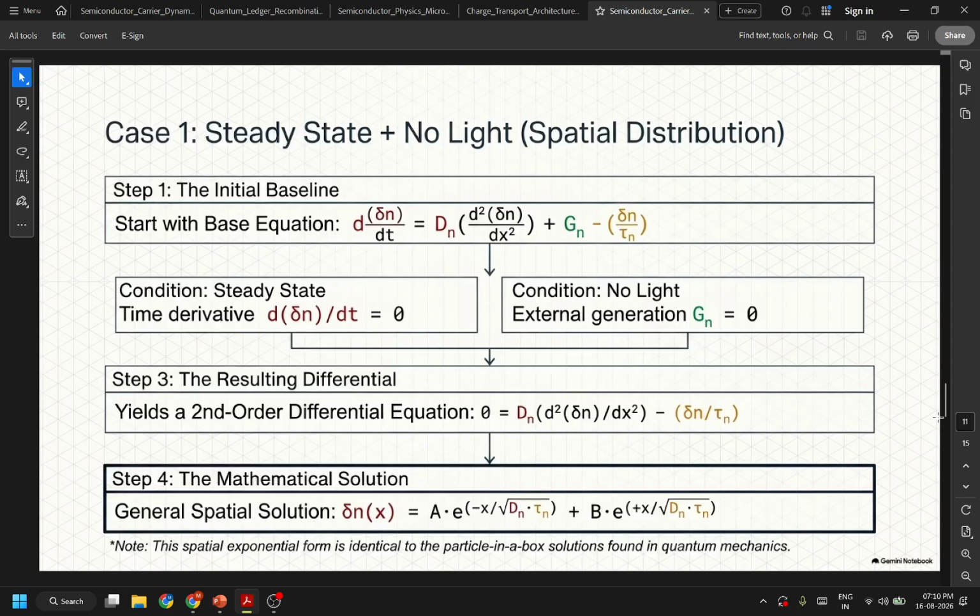So the resulting equation is 0 equals Dn d squared delta n by dx square minus delta n by tau n, which we can solve easily, which will give us delta n of x equals A into e power minus x divided by square root of Dn into tau n plus B e power plus x divided by square root of Dn into tau n.